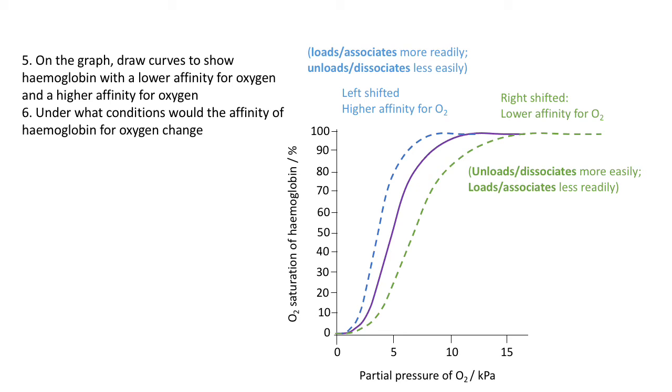So you should recognize that different species have different hemoglobins. So we've looked at human adult hemoglobin, but those different curves with lower and high affinities will be the case for different species. So your answer for question 6 should be this.